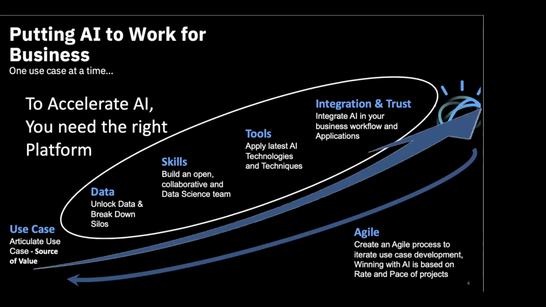It needs to be something very simple, just a quick win that can prove the concept of AI to the organization. And then later on, new use cases can be added. So technically, one use case at a time, iteratively, in an agile fashion, we can start building up our AI portfolio.